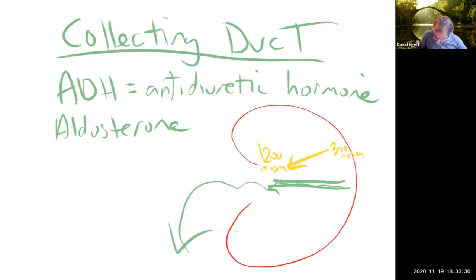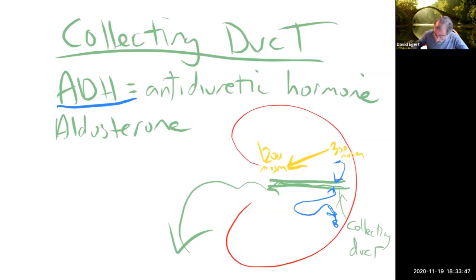So here's a collecting duct, and my nephrons are feeding into this. Antidiuretic hormone is going to open up water channels. Water channels mean H2O is going to come back into the body because the filtrate entering here is only about 100 milliosmolar and it's 1200 milliosmolar outside. So the water gets sucked back into your body.